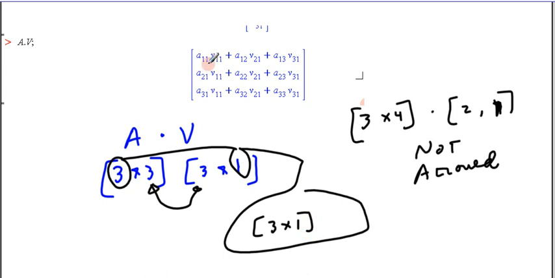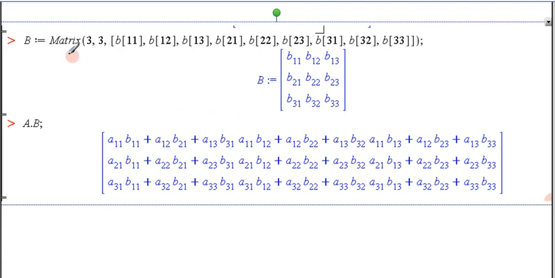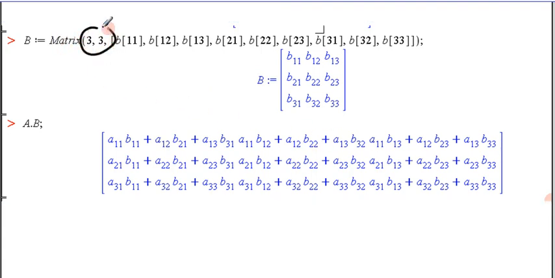So the matrix here, this is all one element. That's one element. That's one element. So I have 1, 2, 3 rows, and I have 1 column. Okay, I can have a second matrix, 3 by 3.